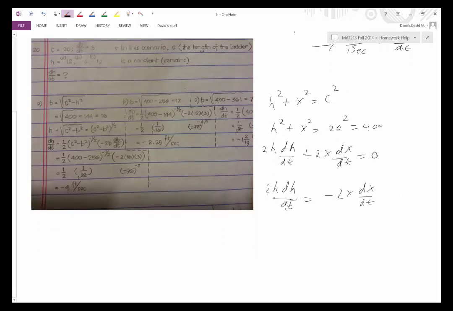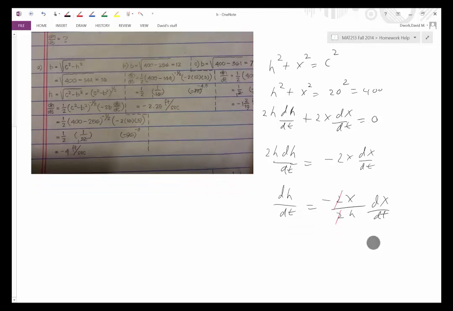Now solving for dh/dt, I need to divide by 2h, so dh/dt is equal to negative 2x divided by 2h, all times dx/dt, and the 2's divide, leaving us with dh/dt, the change in height with respect to time, is equal to negative x divided by h times dx/dt.